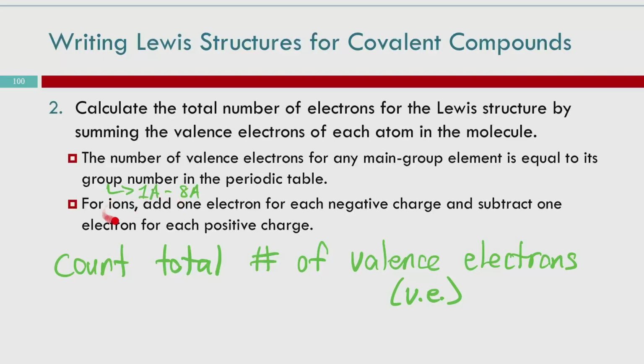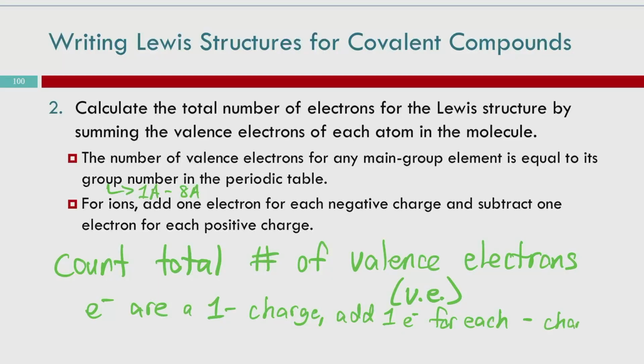If we have ions, then electrons are negatively charged. So we add 1 electron for each negative charge, subtract 1 for each positive charge.